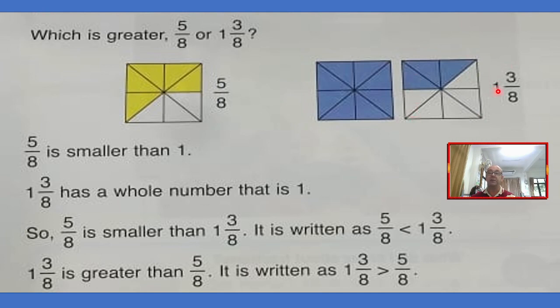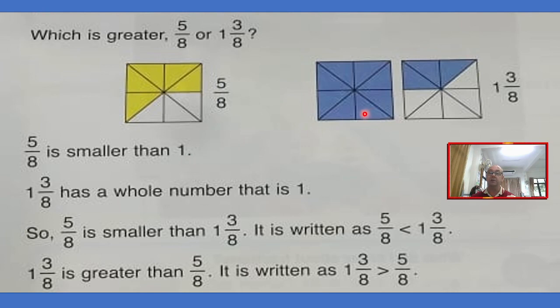So we write 1 for the whole piece and 3 over 8 for this piece. So 5 over 8 is smaller than 1.